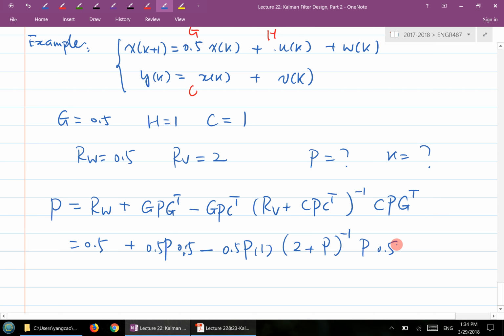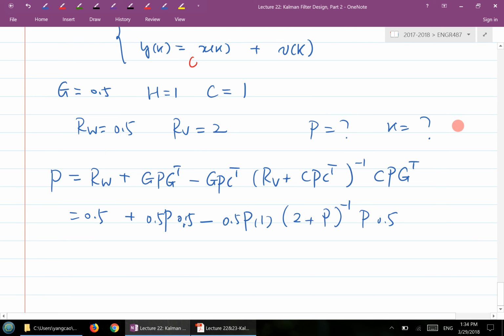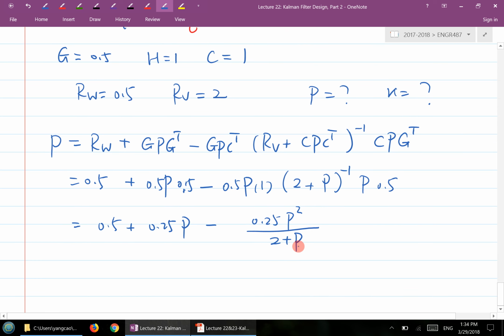That's how you substitute all the relevant numbers into the expression. Then you simplify a little bit: 0.5 plus 0.25 P minus 0.25 P squared divided by 2 plus P. Multiply the 2 plus P out, and you get P squared plus P minus 1 equal to 0.